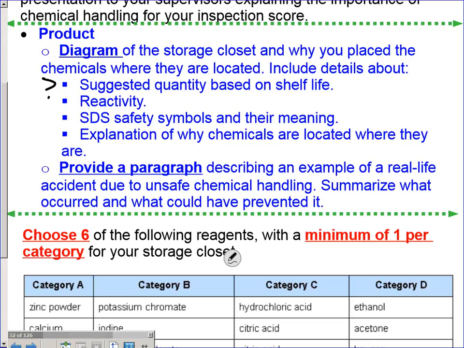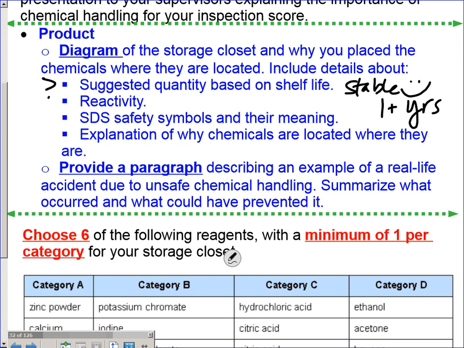Some things can sit in there for 10 years, where some things are going to expire in 6 months. So if it says stability or stable, then it's going to be fine. It's good for 1+ years. I'm just going to make that really general. That's the one you may not find readily.